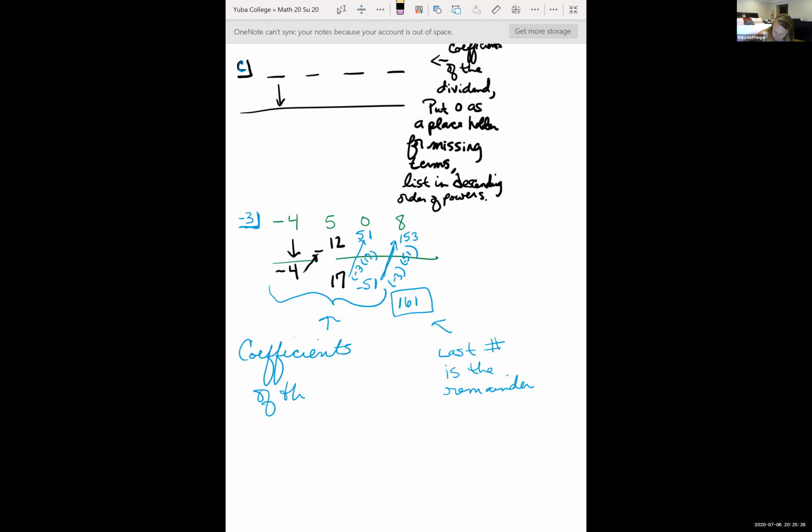And the quotient is 1 degree less than what you're dividing into, so the dividend.